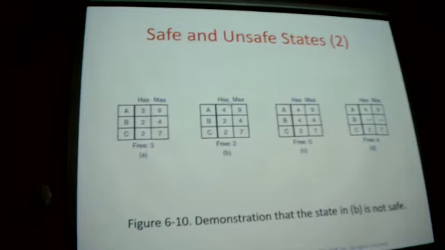Can you find a way to allocate? We just see this as an initial state. Can we find an allocation such that each process will run and complete?